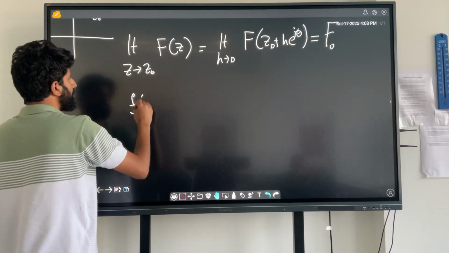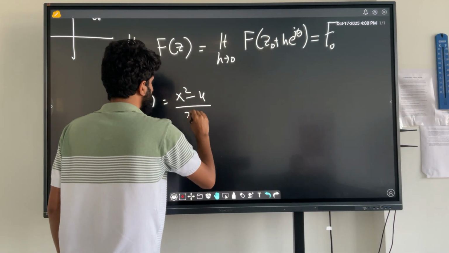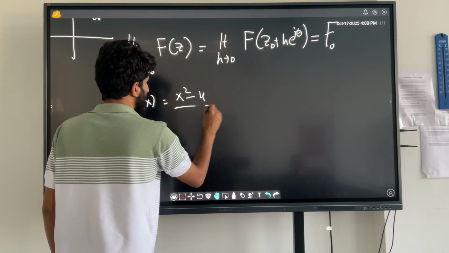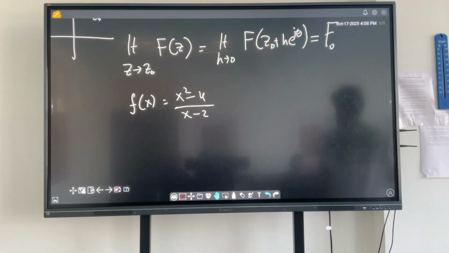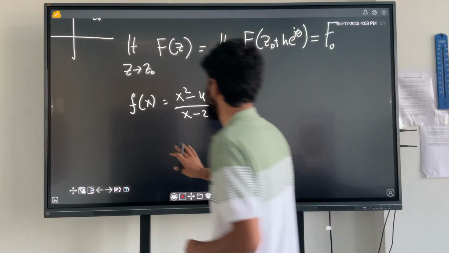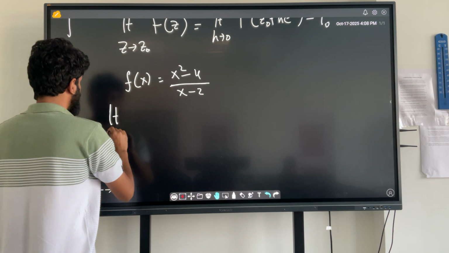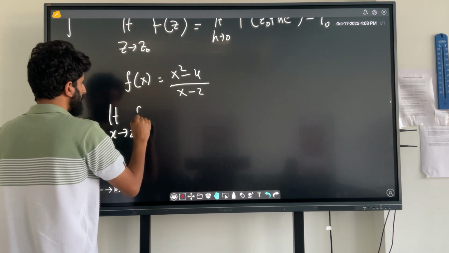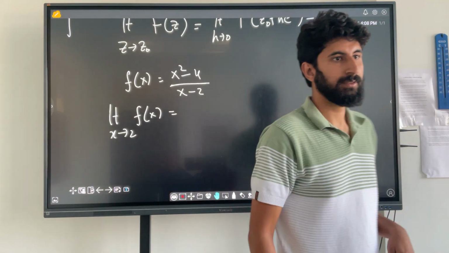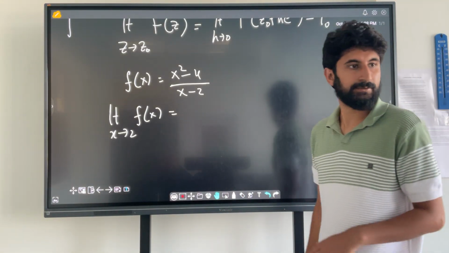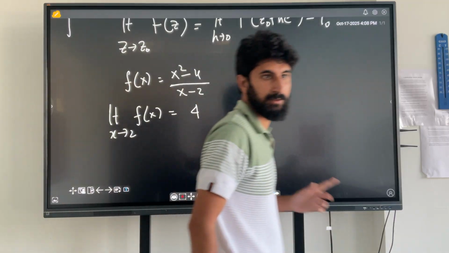Let's take f of x equal to x squared minus 4 divided by x minus 2. Now what is the limit as x approaches 2 of f of x? This you should answer. It's 4, right?